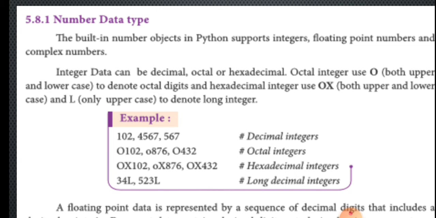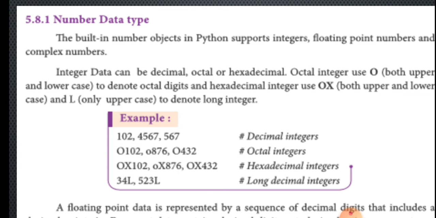This type of number system is known as decimal integers. We already know that the numbers from 0 to 9 belong to the decimal number system. What is the base value for the decimal number system? The base value for the decimal number system is 10, which is the total number of digits present in this number system. Next we see the example of octal integers.